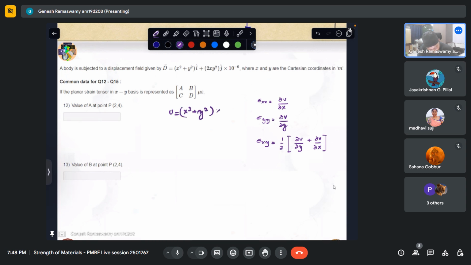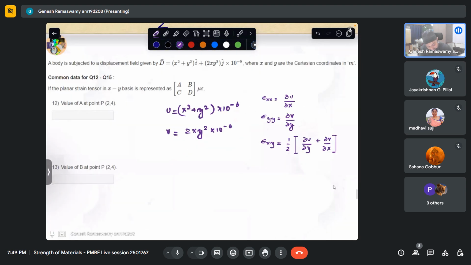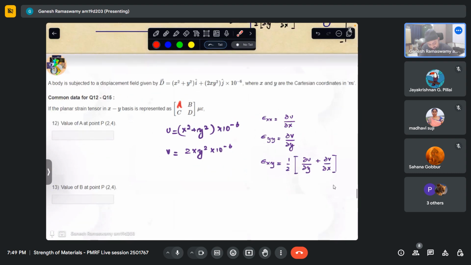I hope there is no problem for anybody in seeing how that came about. It is just this component. And v is 2xy squared into 10 power minus 6. So we have been given a strain tensor A, B, C and D. We know what A is in the xy coordinate system. A is nothing but epsilon xx.